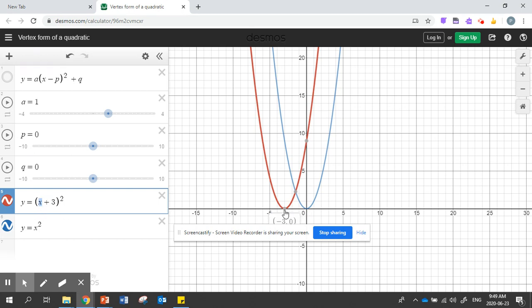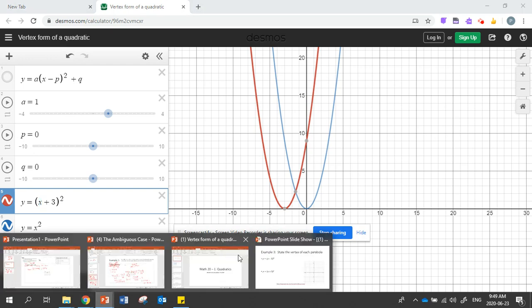If I have a negative 3, negative 3 plus 3 is 0, 0 squared is 0, which could be the vertex. So it's almost a bit backwards: if you see an x plus 3 inside the brackets, we're moving 3 to the left. If we have an x minus 5, we're moving 5 to the right.